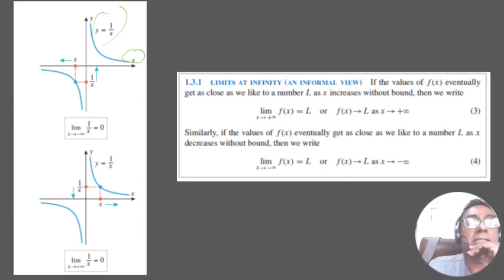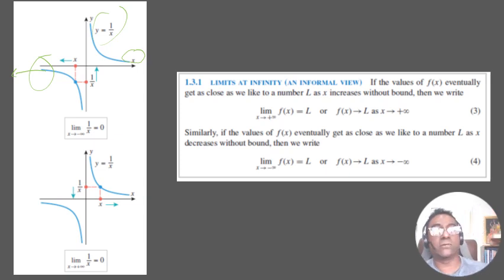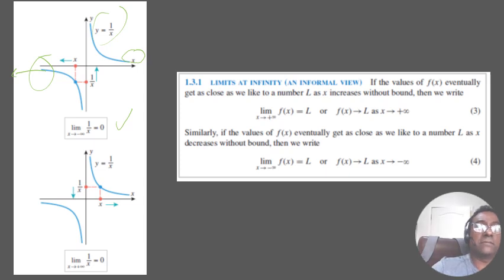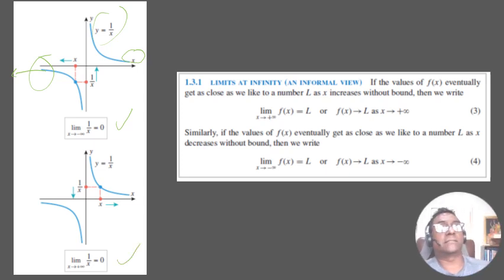And then as x tends to minus infinity, if you have a look at this end over here, it approaches 0 as well. So you can write quite nicely: the limit of 1 over x as x approaches plus or minus infinity is 0. Okay.